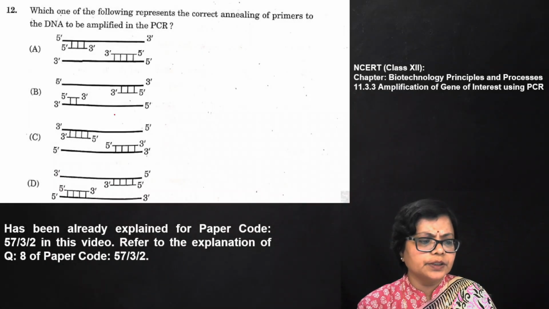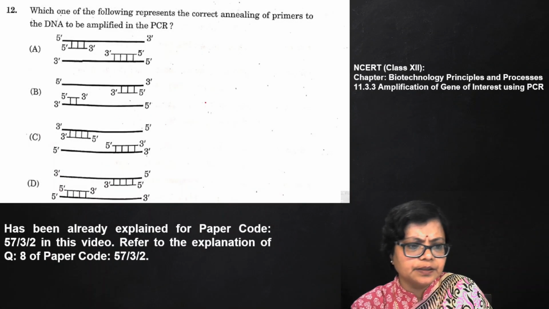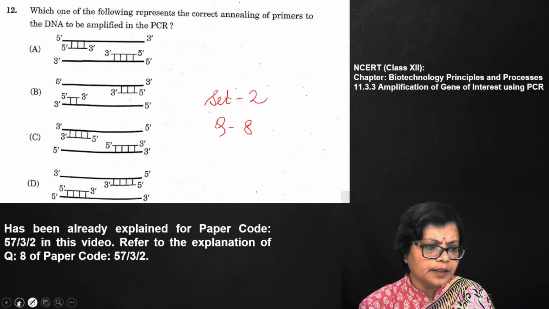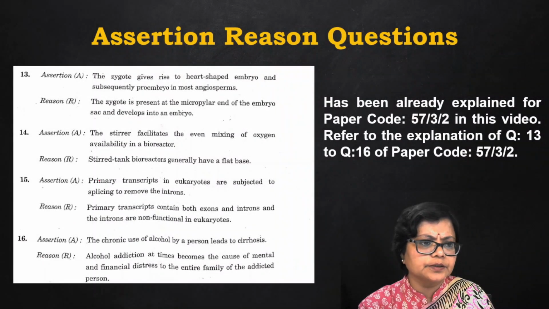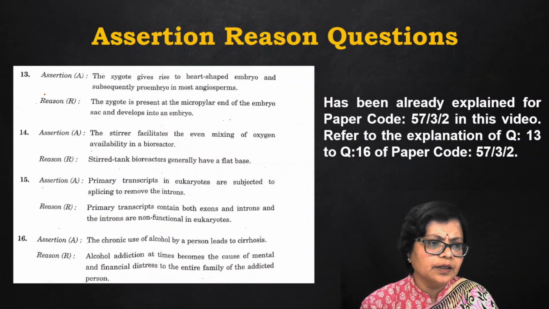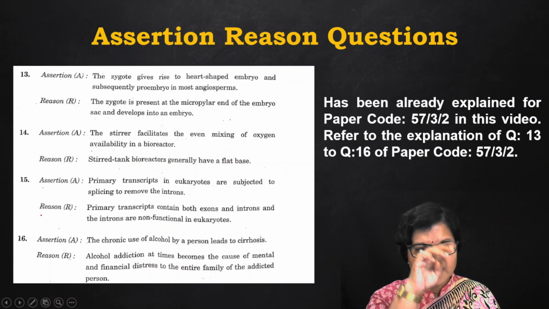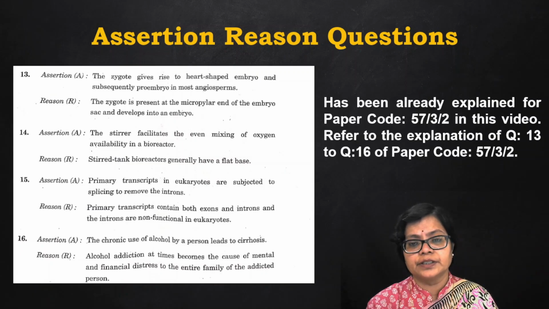This one is also a repeat question, already explained in set 2, question number 8. Just go back and view the explanation. Next, assertion reasoning 13, 14, 15, 16. These assertion reasoning questions are the same for all the sets.